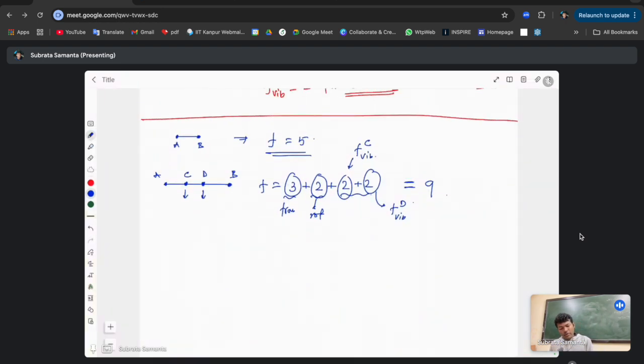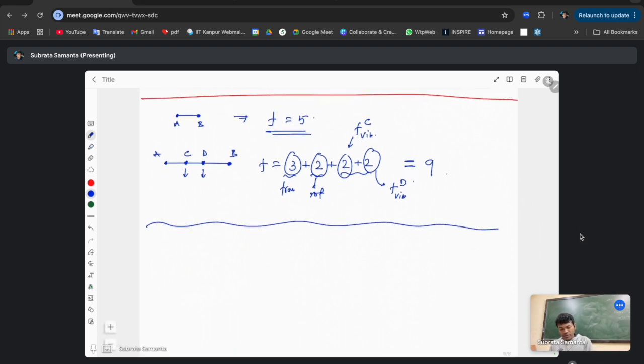Now if you consider a gas, for a general result, let's consider a gas mixture.